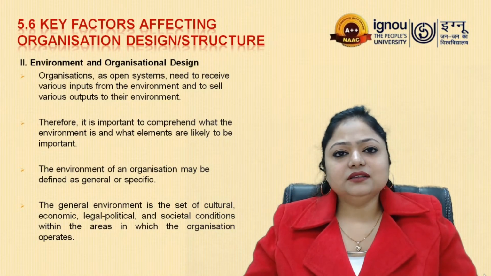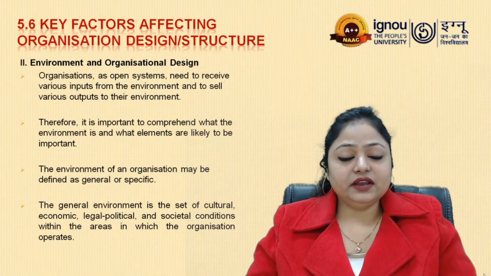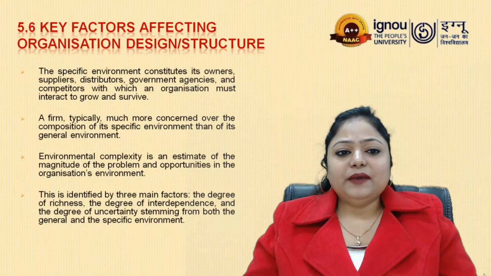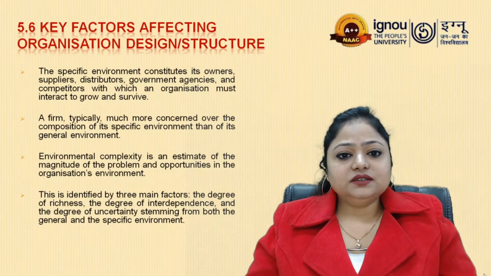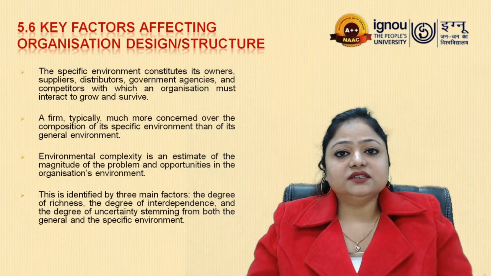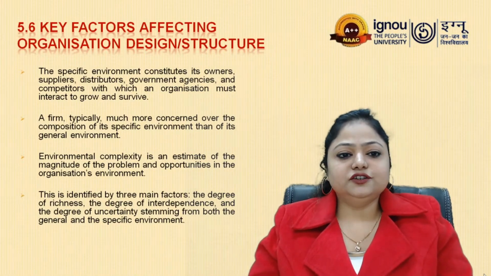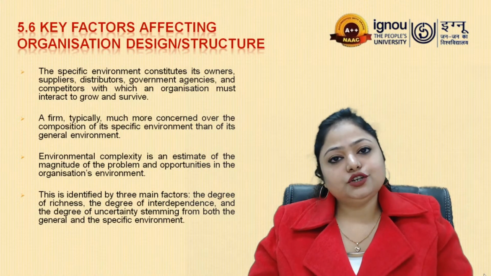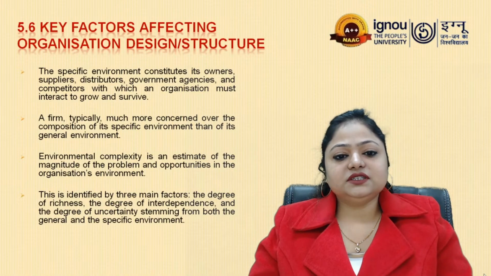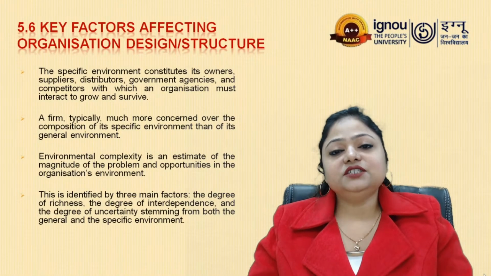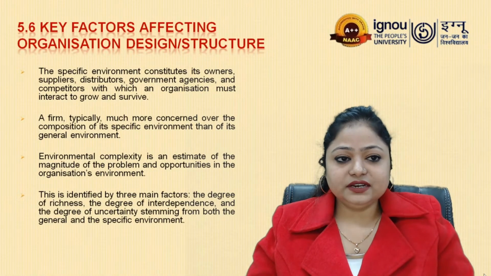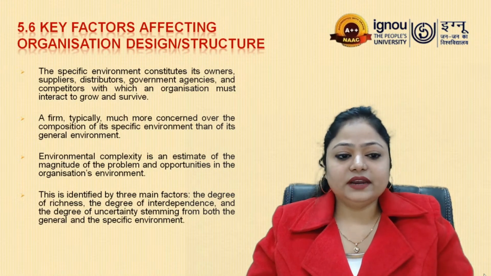The generic environment is overall the same for different sectors or industries, and may affect all these sectors differently. Then the specific environment constitutes its own owners, suppliers, distributors, government agencies, which are specific to that particular sector or industry, and competitors with which an organization must interact to survive. A firm is typically much more concerned over the composition of its specific environment than of its general environment. So, the specific environment must be considered with more focus when designing the overall organization.